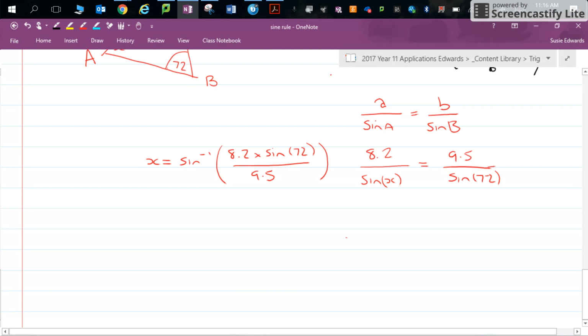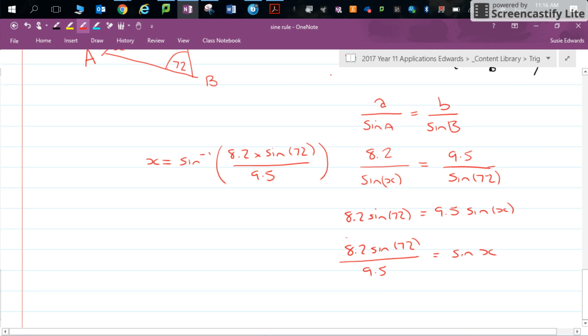So again, we're going to cross multiply. So 8.2 sine 72 equals 9.5 sine x. Okay, we then want to get rid of each of the different parts. So we need to get rid of the 9.5. So we end up with 8.2 sine 72 over 9.5 equals sine x.